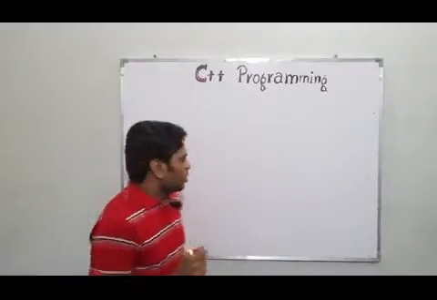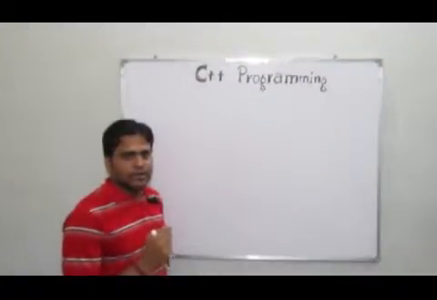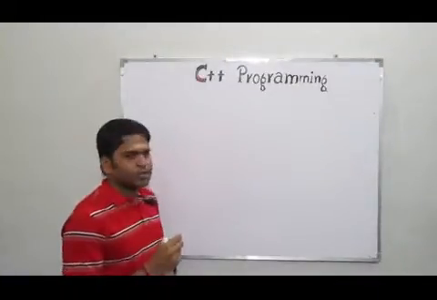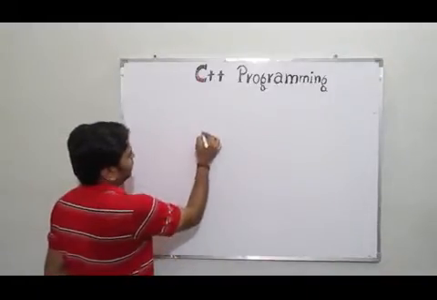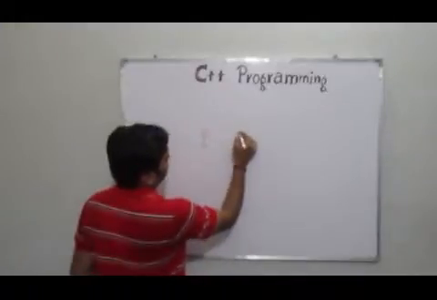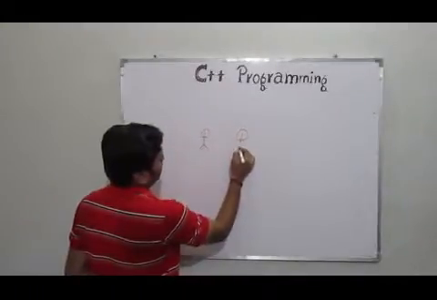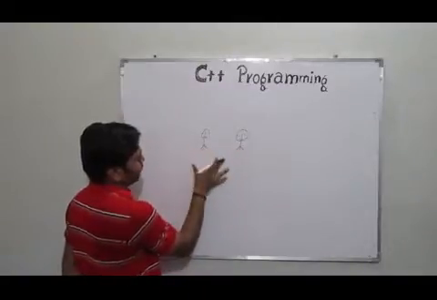So I'm taking two scenarios, one related to real life and one related to computer programming languages. See, there are two persons and both of them know some sort of language.